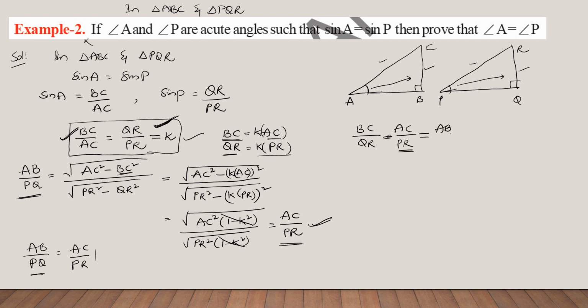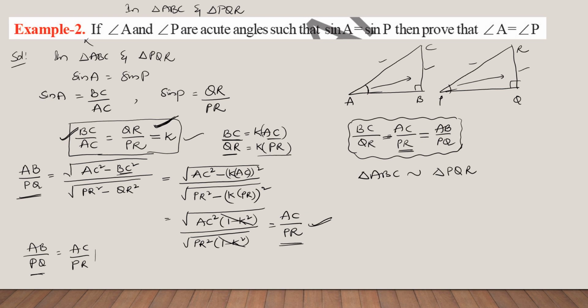Now from this what do I get? All the corresponding sides are proportional. So if all the corresponding sides are proportional, then what we can say? Triangle ABC is similar to triangle PQR.